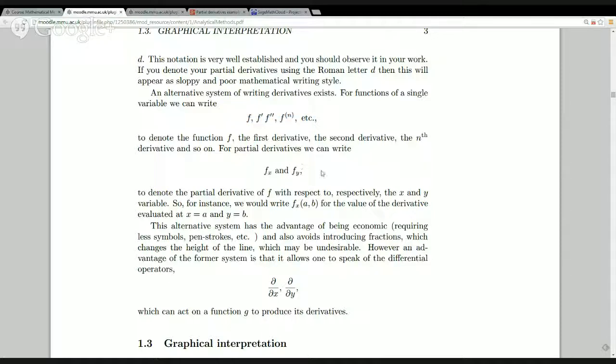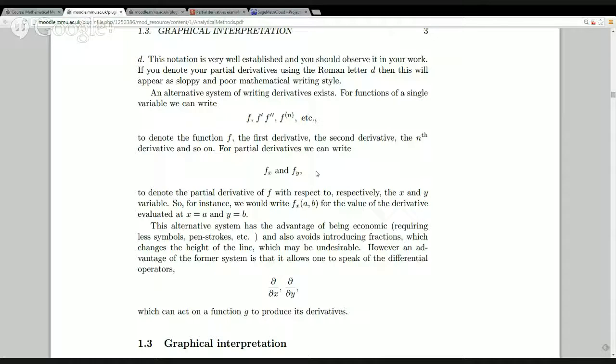Well, in a similar kind of way, we use a subscript notation illustrated here, f sub x or f sub y, to refer to the x partial derivative or the y partial derivative of a function f. Okay, so those are just two different types of notation, and you'll see both used, and from time to time we'll make use of both.